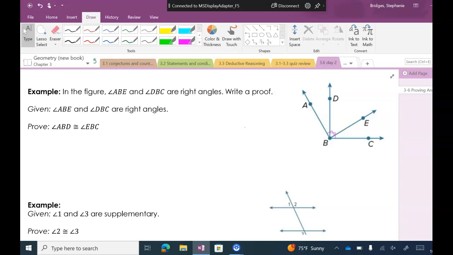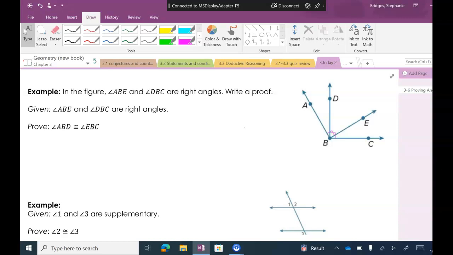All right, so it gives me that angle ABE and angle DBC are right angles, correct?